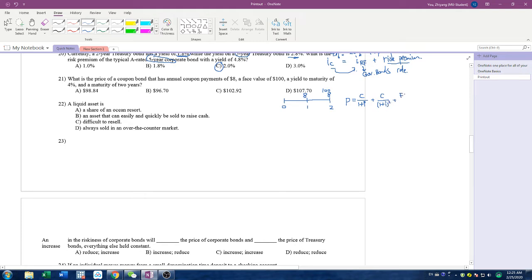And also at the end of the second year, we receive our face value, so that is the face value divided by 1 plus i to the power of 2.